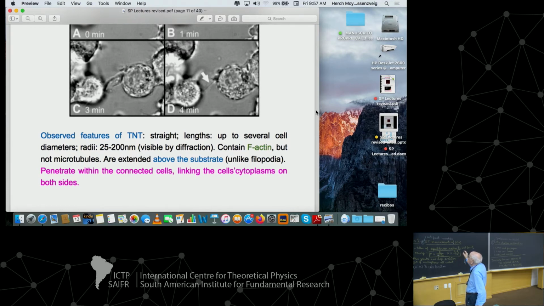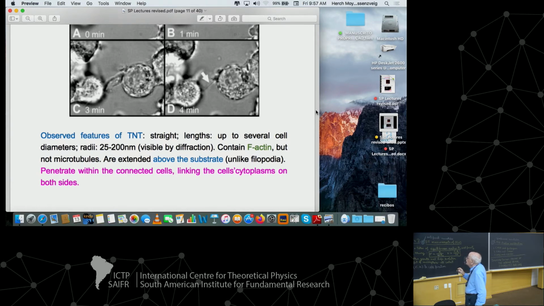You see this in a microscope, although the thickness of that tube is well below the resolution of an optical microscope. So what you're seeing is, you're seeing it by scattering, if you like, by diffraction. Okay?